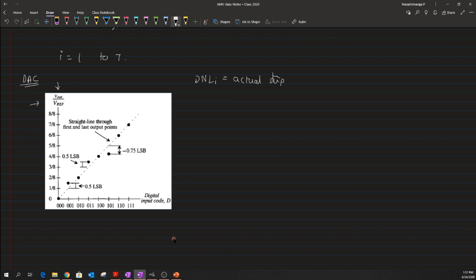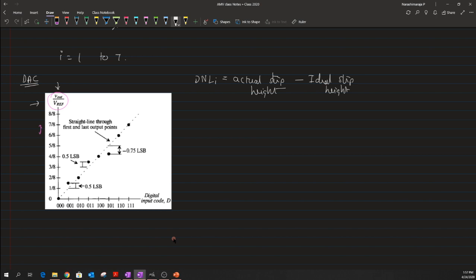We basically have this V out, an analog voltage along the y axis, due to which we have to compute the heights here. So, the actual step height minus the ideal step height. Now, the ideal step height is quite easy to remember, which basically defines the value of 1 LSB.